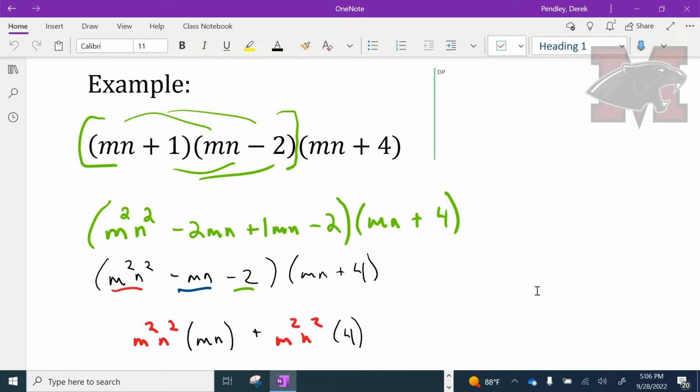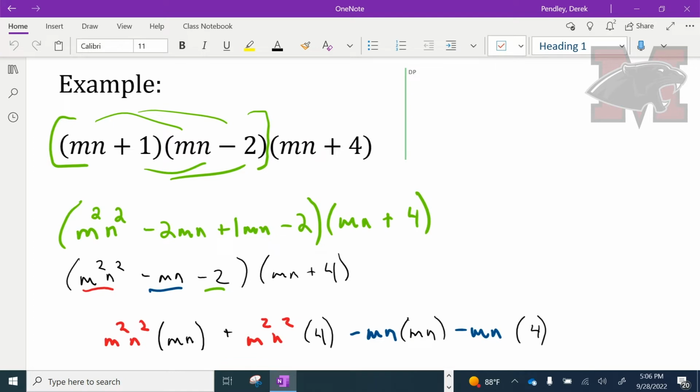Then I have my negative mn times my mn in the second one. Then I have my negative mn times my positive 4. One more to go with the green.